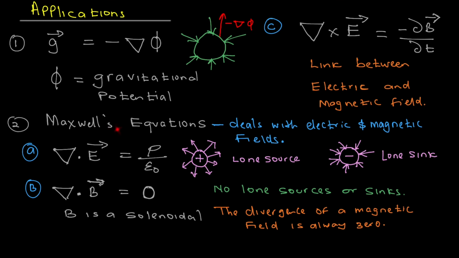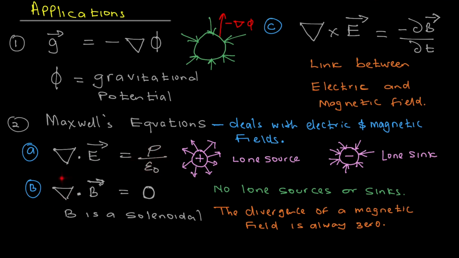Another application is Maxwell's equations, which deal with electric and magnetic fields. The first is the divergence of the electric field, which gives a value because it has a source, where positive is coming out, and where it's coming in is negative, that's a sink, and this one is density over epsilon naught.